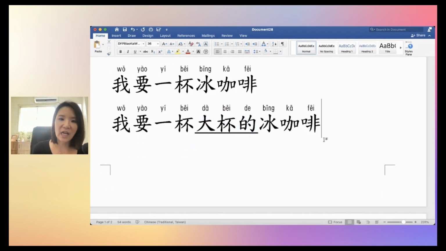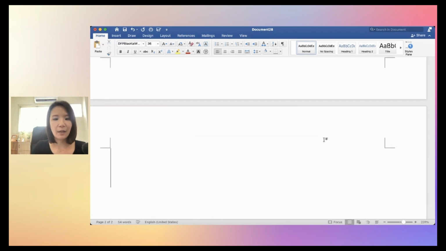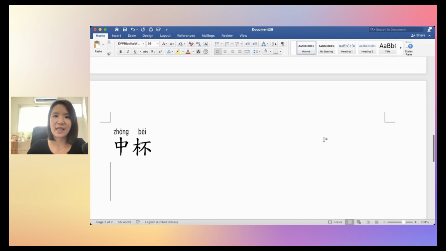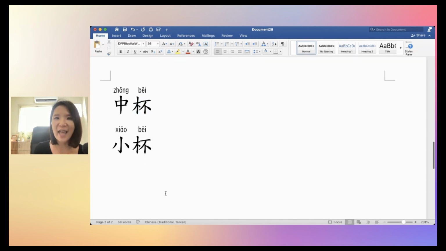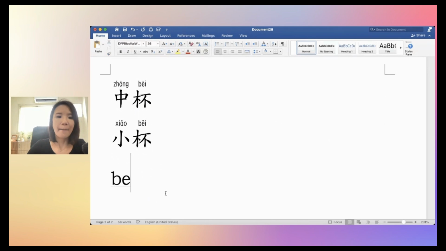Speaking of the size of a cup, you could say 大杯, big cup, 中杯, medium, and small cup is 小杯. The 杯 is the measure word for a cup, and the noun for a cup is 杯子. That's a noun. 杯子, repeat after me. 杯子.